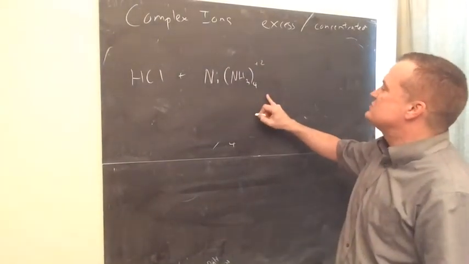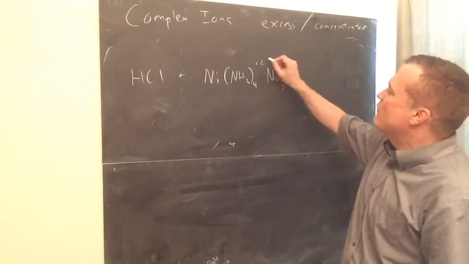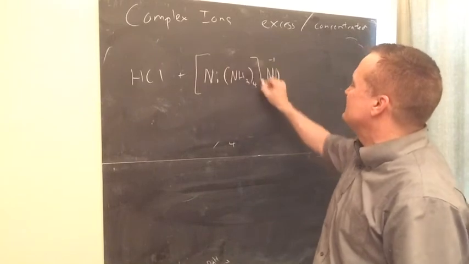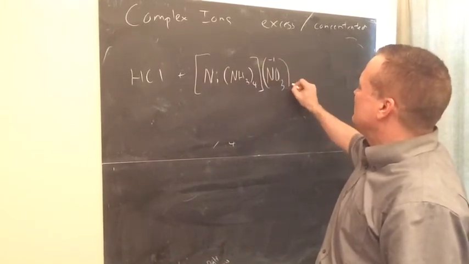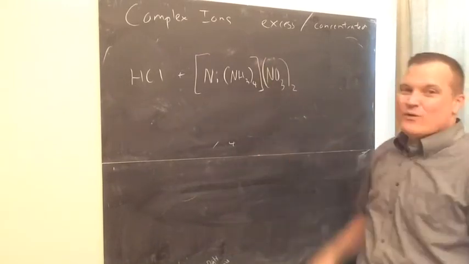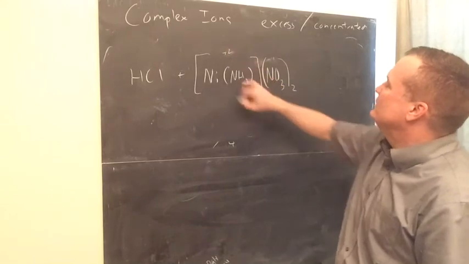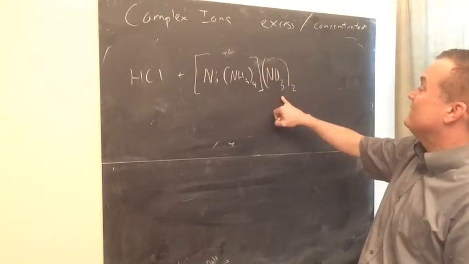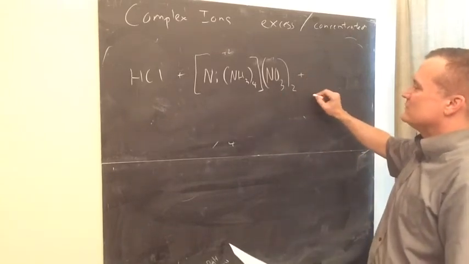But now, if it's nitrate, that means you'd have NO3 negative 1 attached to that, which means, oh boy, now I'm going to have to put this, and NO3, 2. Wow. What a weird one that is. That whole thing is positive 2. That's negative 1, so you need 2 of those on it. Did I do that right? Yeah, I think I did. Yeah, it would have to be that way. That positive, negative. Won't hurt you anyway to write it that way.